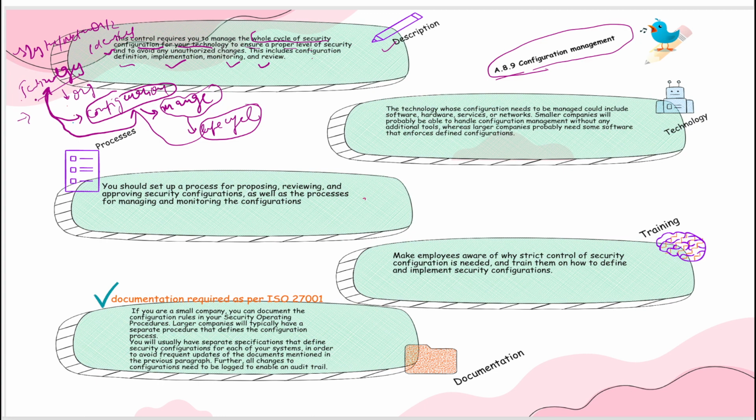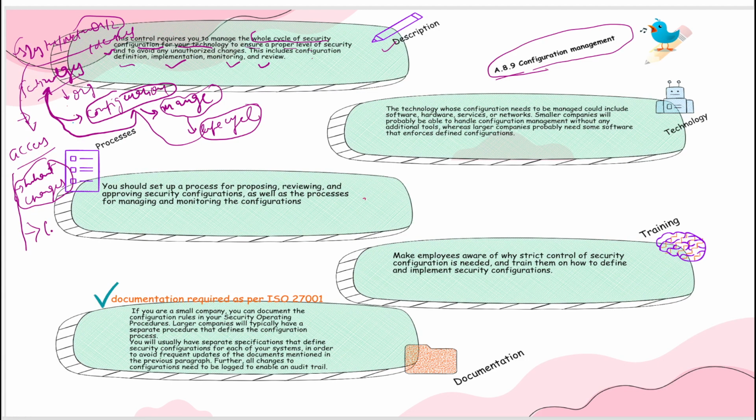So, for example, who can access these devices? Who is authorized to access the devices first, and once they are authorized to access, what changes are they allowed to make as per the rule, right?